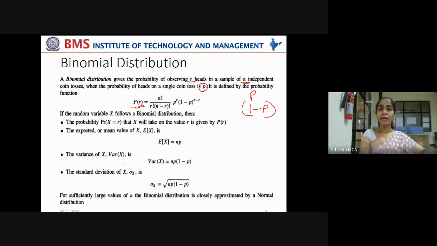It is nothing but n factorial divided by r factorial times (n minus r) factorial, multiplied by, see this carefully, p to the power of r. What is p here? p is the probability of the event you are interested in, that is, the probability of heads in a single coin toss.